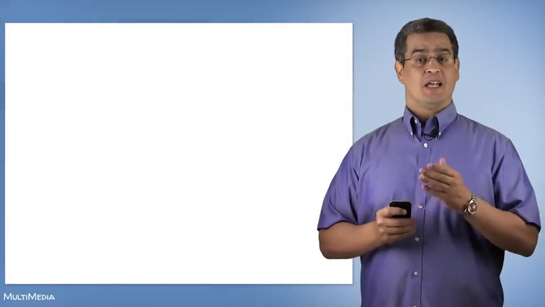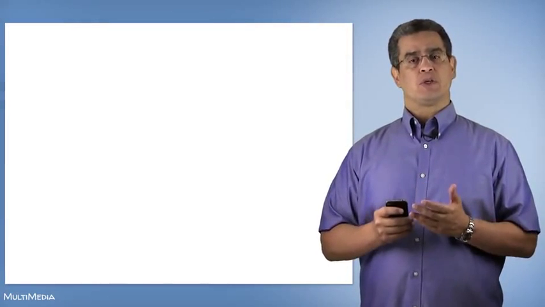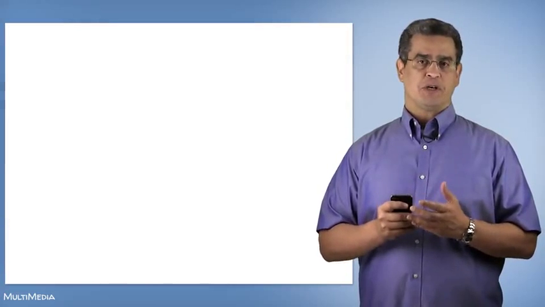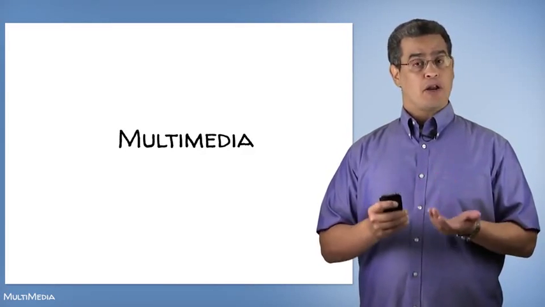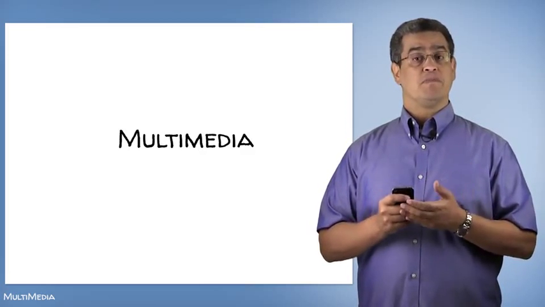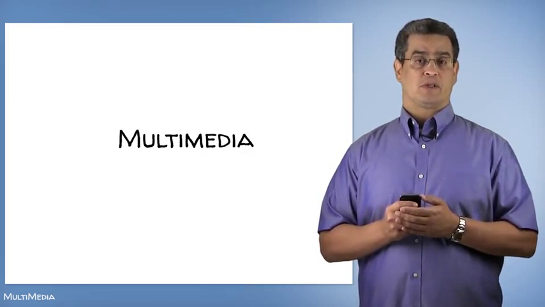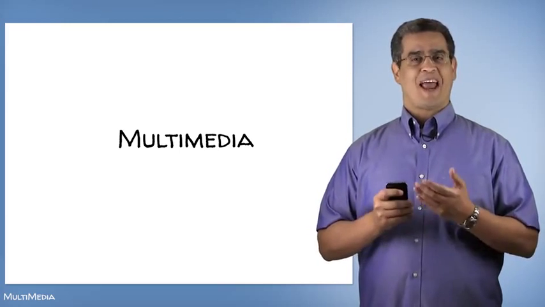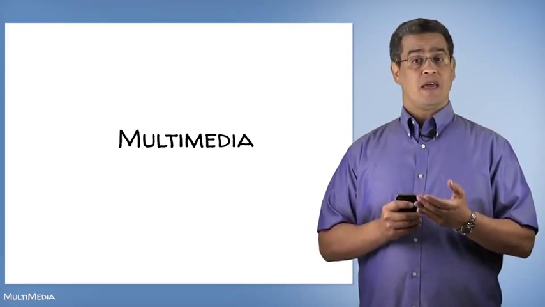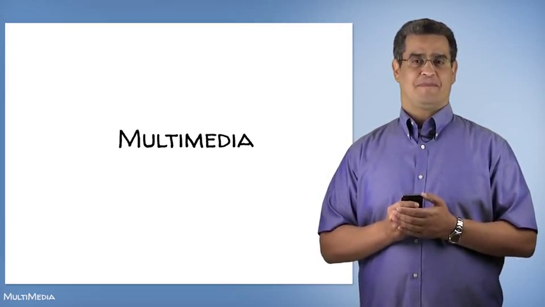Handheld devices allow users to create and consume large amounts of rich multimedia content. And this content includes audio content, like when you listen to music or record voice notes, image content, like when you take and view photos, and video content, like when you take and view movies.